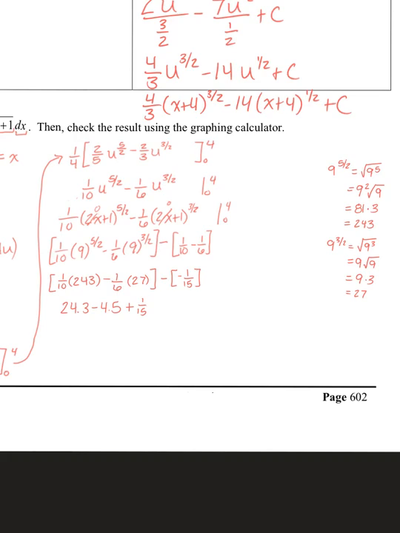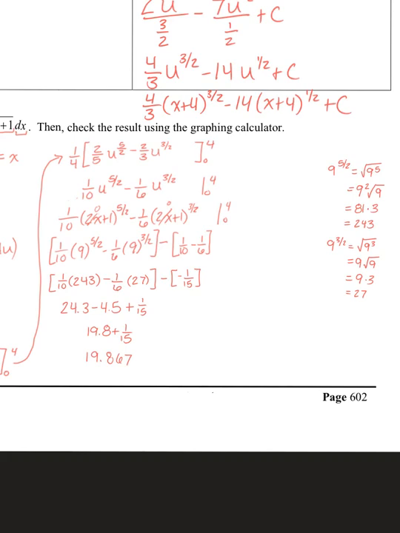Okay, again, we're going to have some mixed numbers here. But 24.3 minus 4.5 is 19.8 plus 1 over 15. You can use your calculator, or you can do some really cool math and get those common denominators. But 19.8 plus 1 over 15 ends up being 19.867.